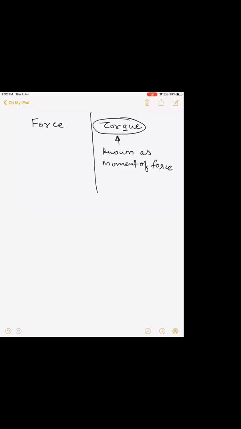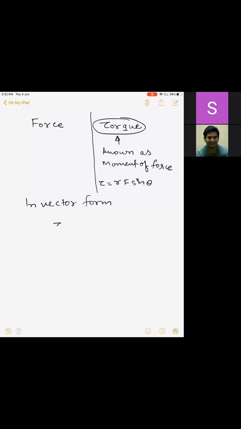Always remember, torque is equal to rF sine theta. This is only the magnitude of torque. In vector form, we can write torque is equal to r cross F.